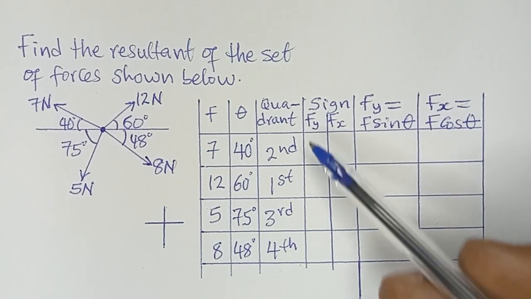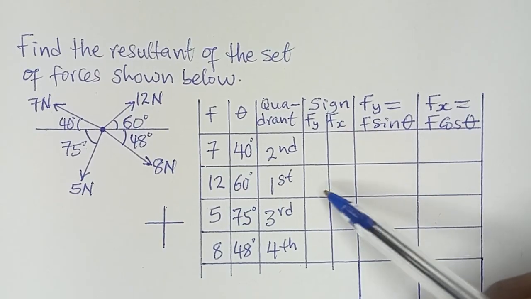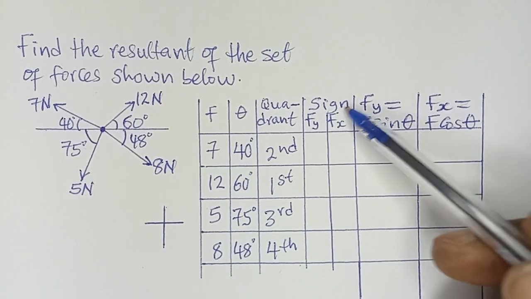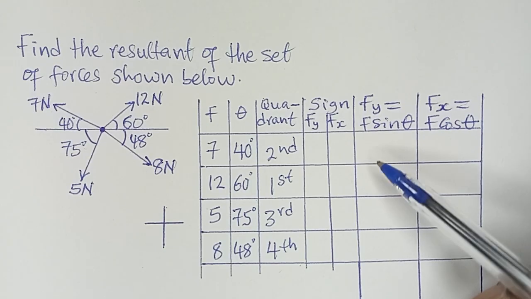So now that we have their quadrants, we can assign the signs of their horizontal and vertical components.